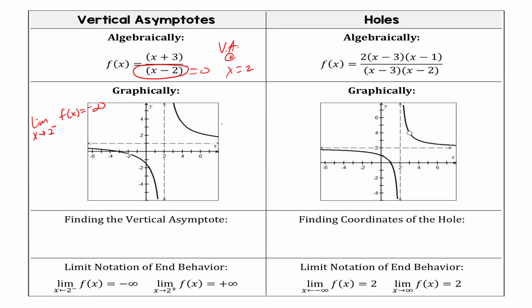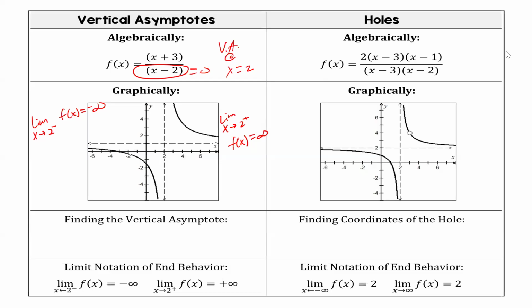And then on the right side, the limit as x goes to 2 from the right, what is f of x doing? f of x is going towards positive infinity. So graphically, we can tell that there's a vertical asymptote at x equals 2, because as it's approaching, the function is doing two different behaviors. It's split. All right. So far, so good.